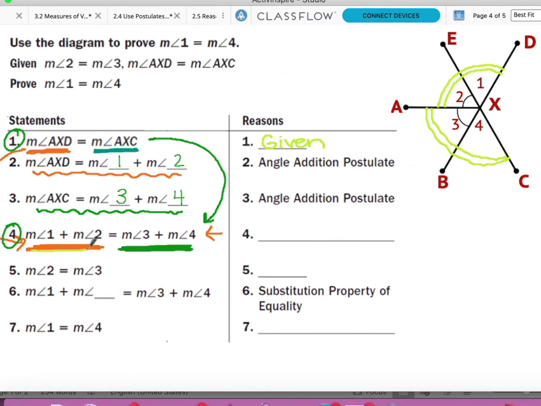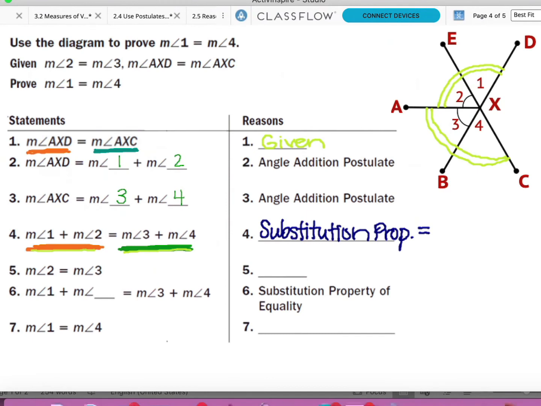We replaced AXD with 1 plus 2 and AXC with 3 plus 4. What's the property that lets us replace things? The substitution property.